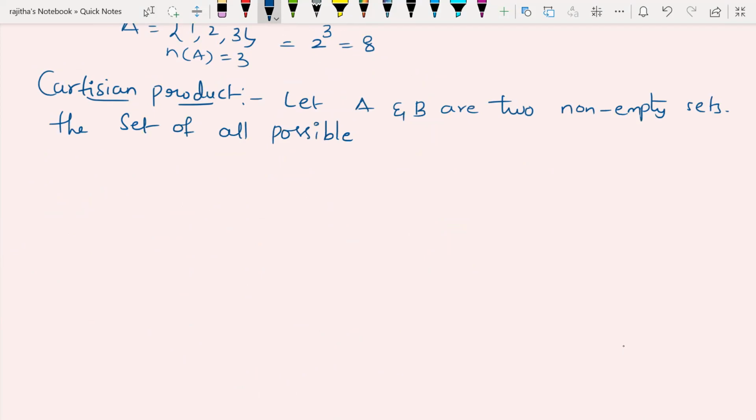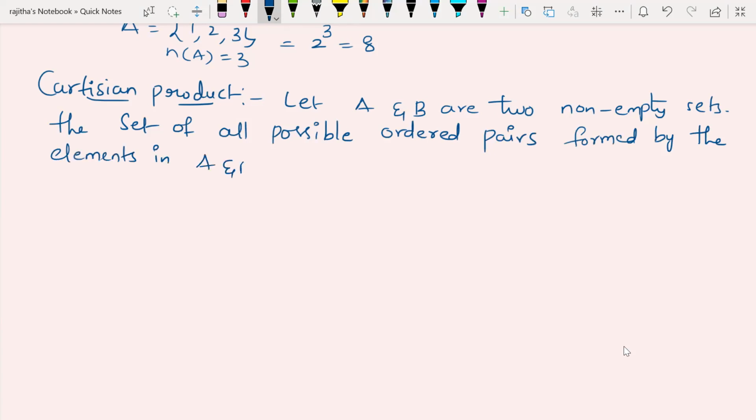The set of all possible ordered pairs formed by the elements in A and B is called the Cartesian product of two sets.